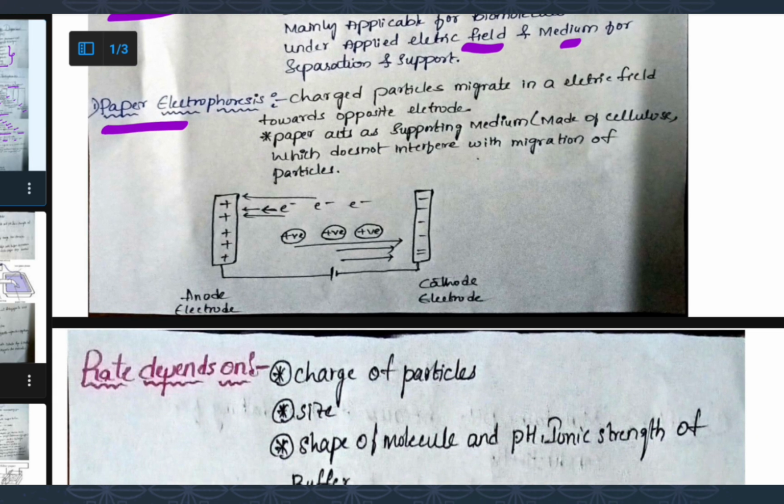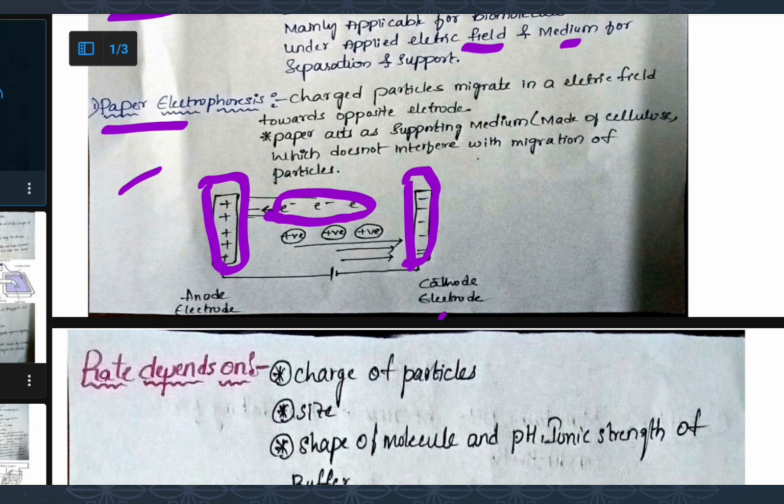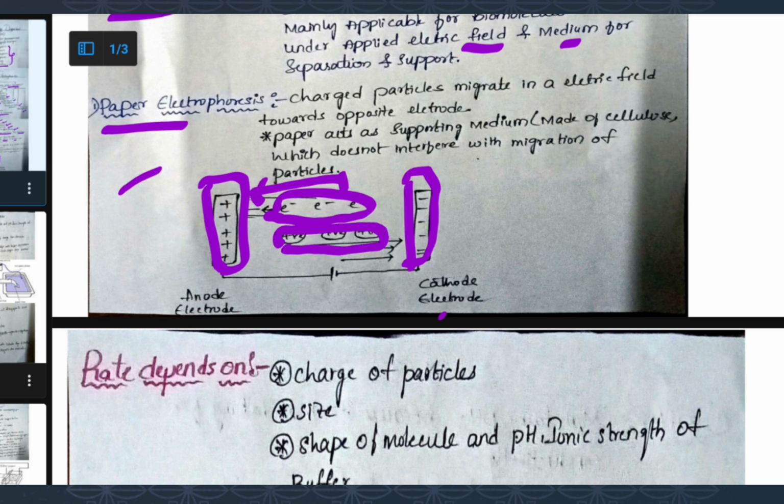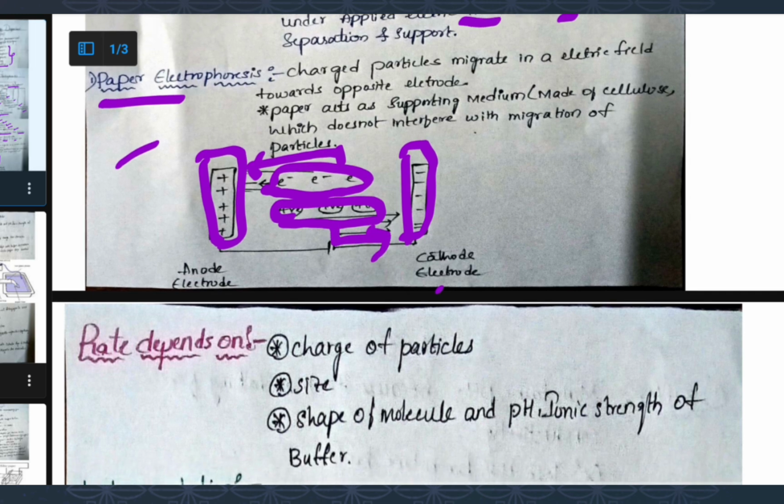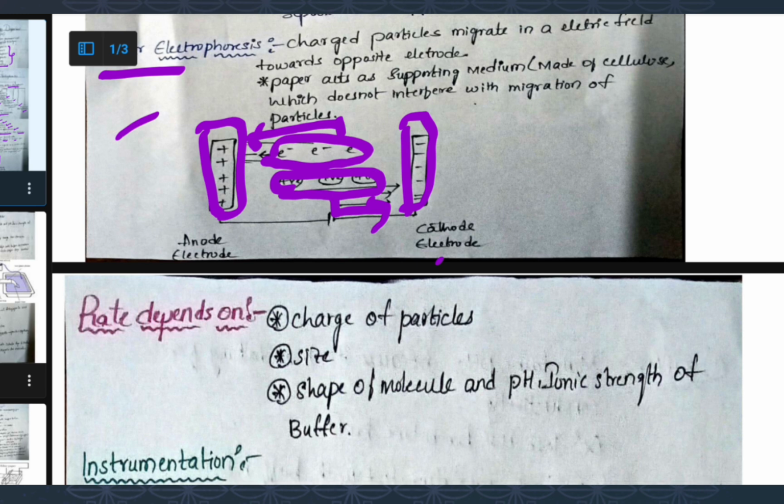Under the applied electric field, let's take this as the anode and this as the cathode, the negatively charged electrode. When we place negatively charged biomolecules, they will travel towards the positive electrode. When we place positively charged biomolecules, they will travel towards the cathode. This is the criterion of separation.